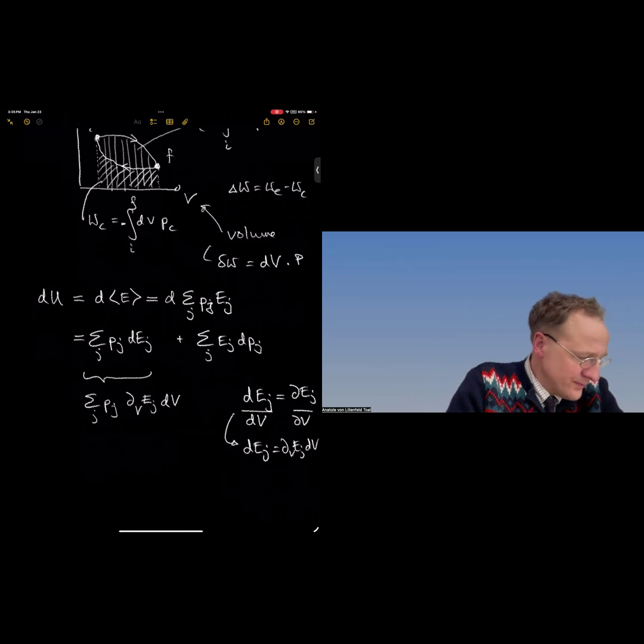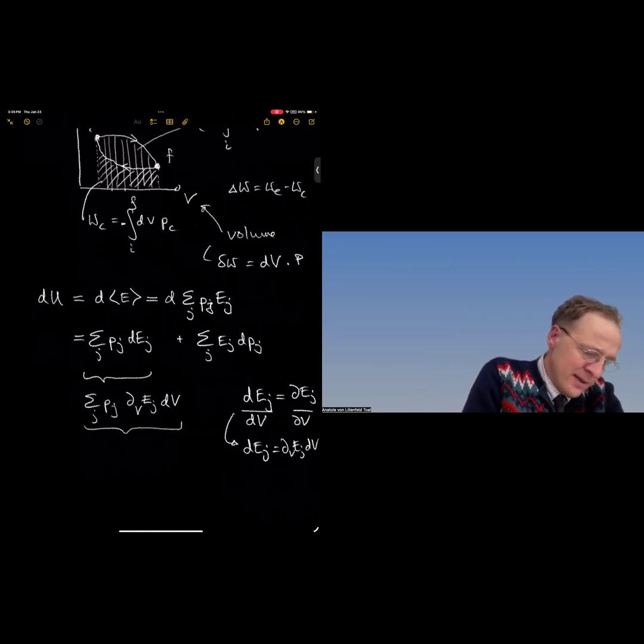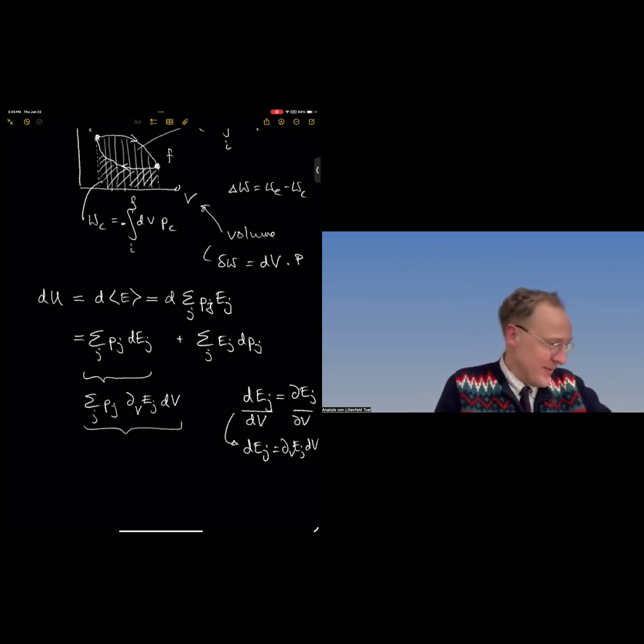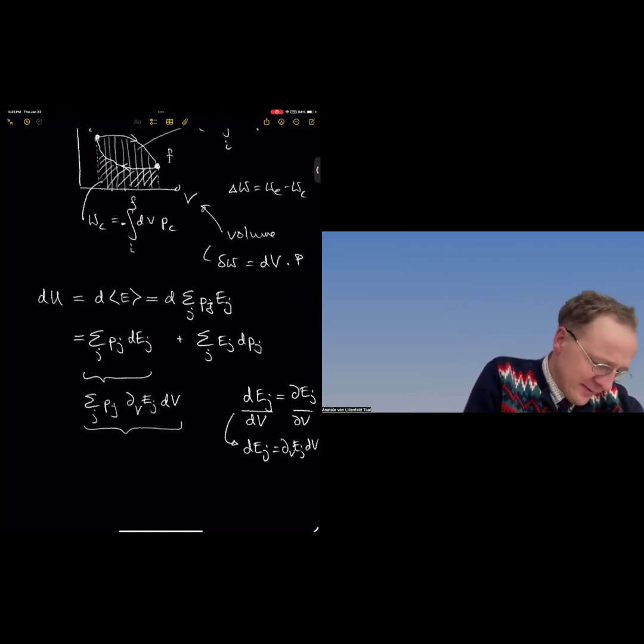Now, if you look closely at this sum here, you will notice that my dV is independent of my state. So I can pull it in front.